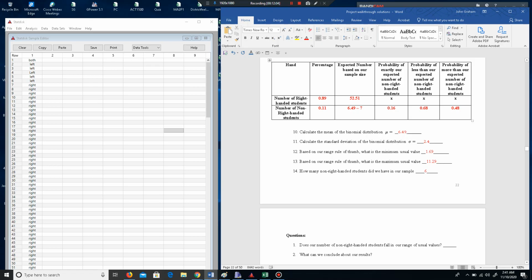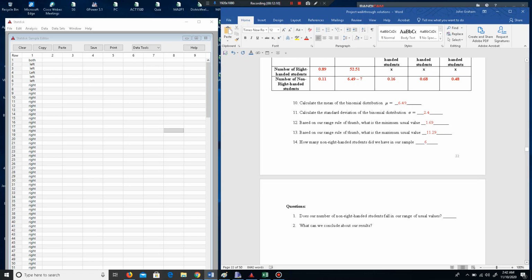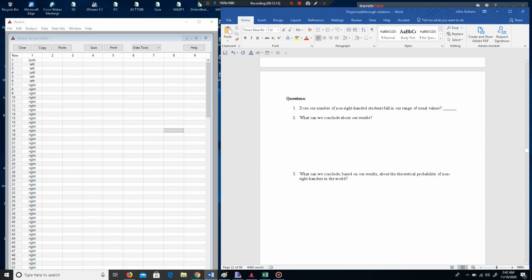It's right there with what we expected. So yes, our number does fall within our range of usual values.